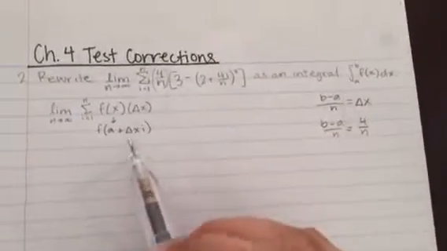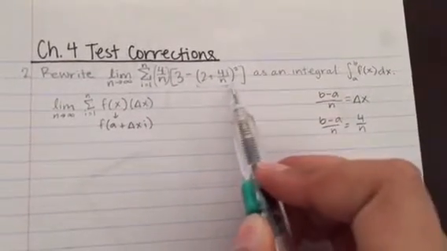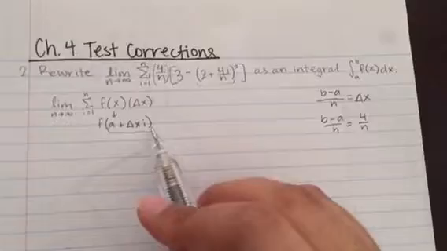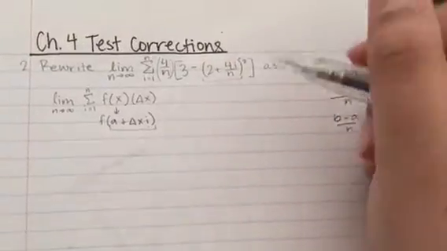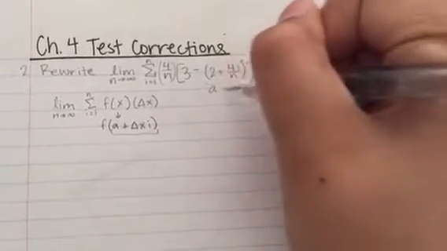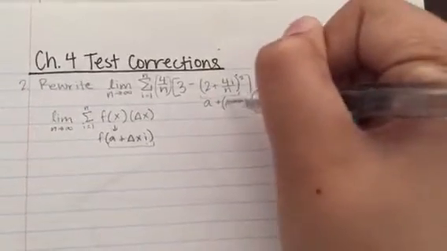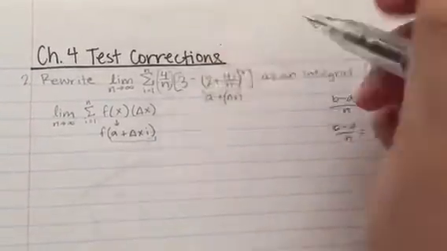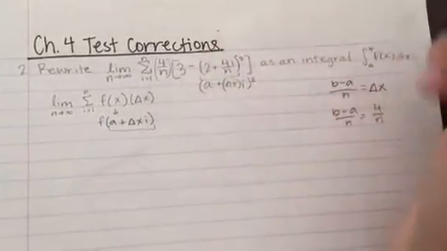Then this part here is the same as a plus change of x, i. So when we look back, a is this 2 here, and the 4 over n is the change of x, times i, and all of this is squared.